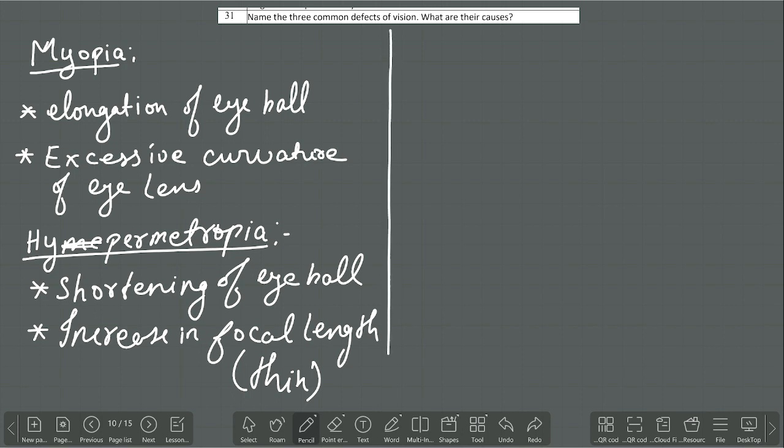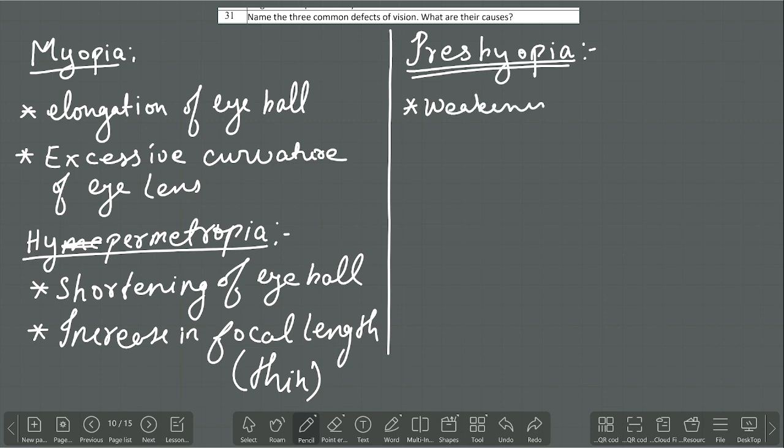And the third defect, the person will be suffering from the defect called presbyopia. So this presbyopia we can also call the old aged hypermetropia. And what are the causes? The first cause, presbyopia is caused due to the weakening of ciliary muscles.